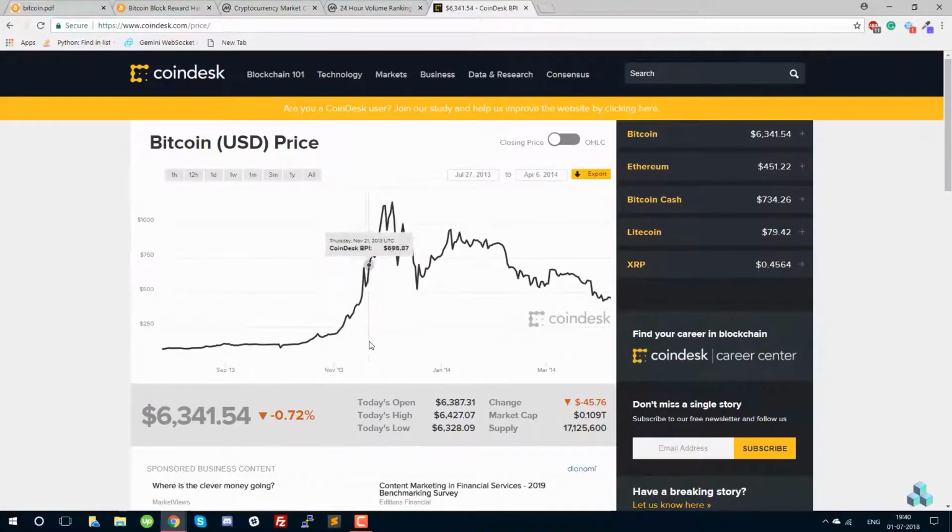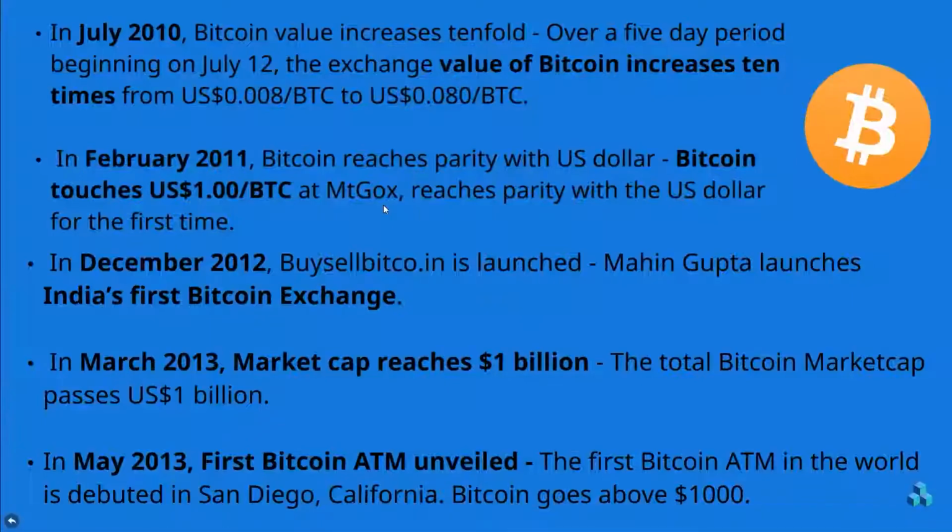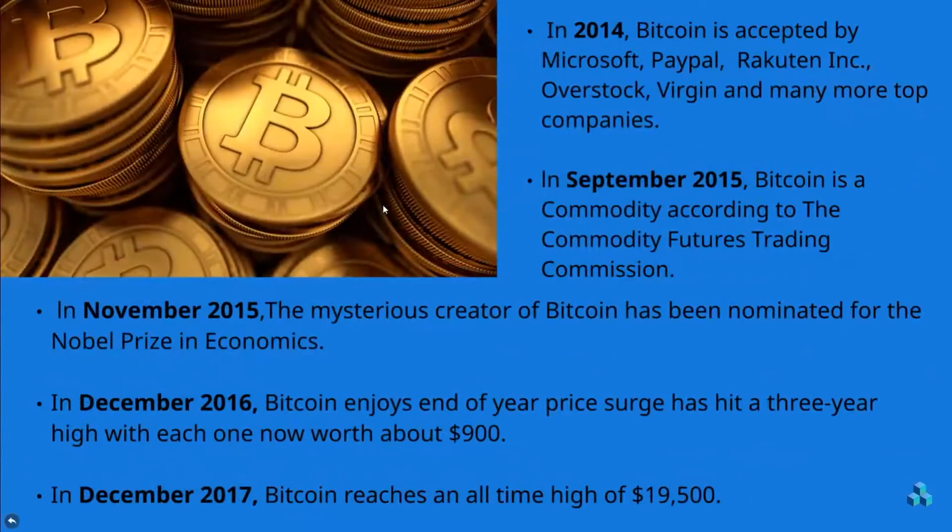So let's zoom in over here and look at the price of Bitcoin. It had skyrocketed to $1,100 at a point in 2013. In May 2013 itself, the first Bitcoin ATM was unveiled in San Diego, and in 2013 Bitcoin went above $1,000.